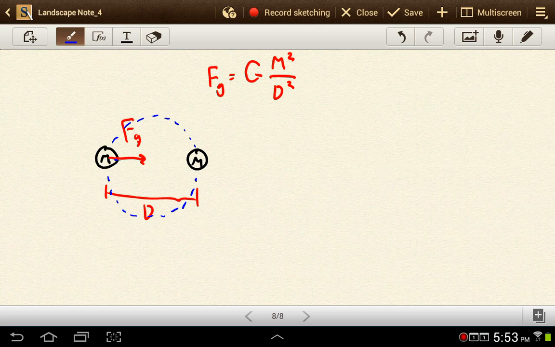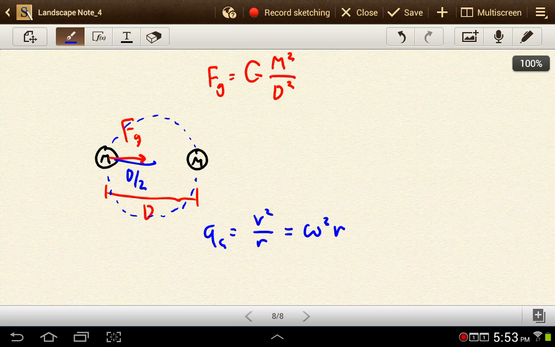So the radius of the circle is d over 2, so they need some centripetal acceleration. Centripetal acceleration is v squared over the radius of the circle, or, easier in this case, because we have to find angular velocity, omega squared times r.